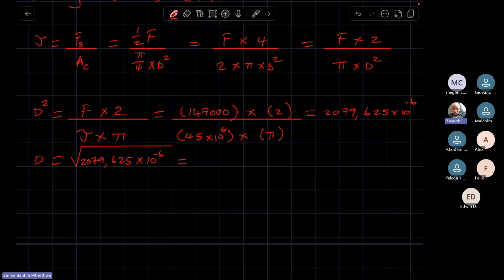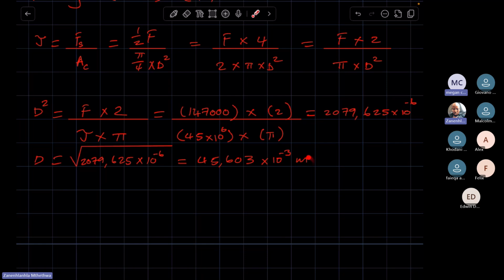Now if you apply the square root, what do you get? 45,603 times 10 to the negative 3 meters. Remember, this is the diameter, so it has to be in meters.